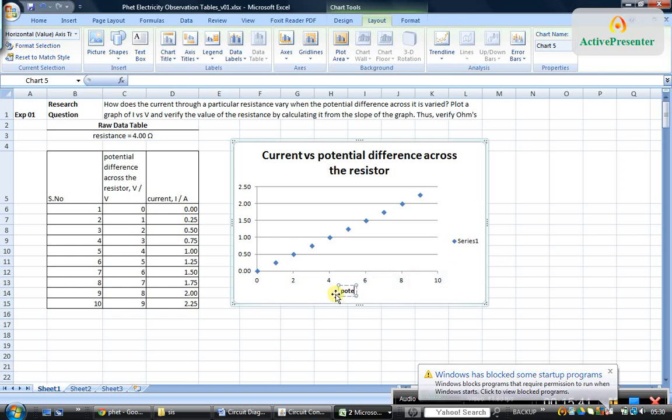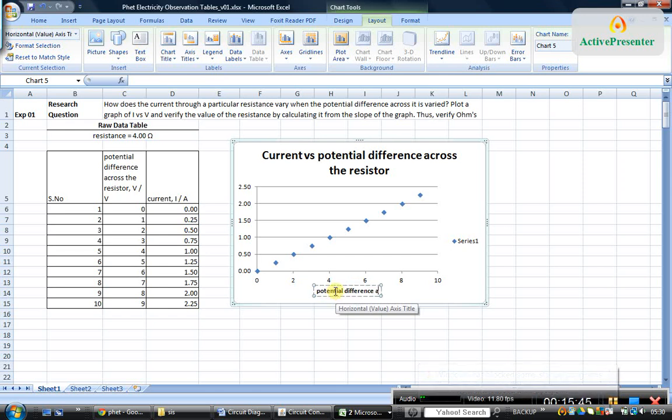So we have to type potential difference across resistor, comma, V space slash space, again the symbol for the unit, which is again volts in this case, so which is again V.